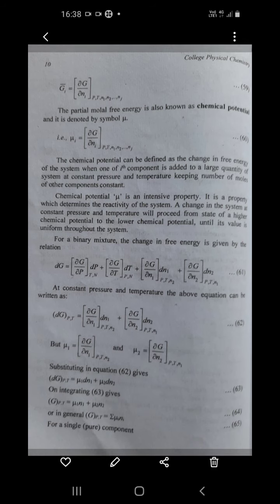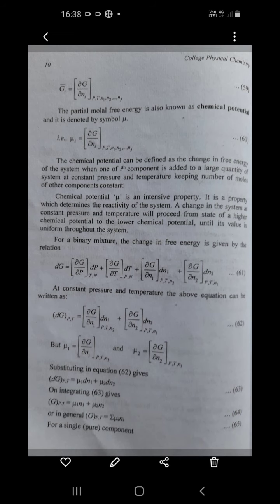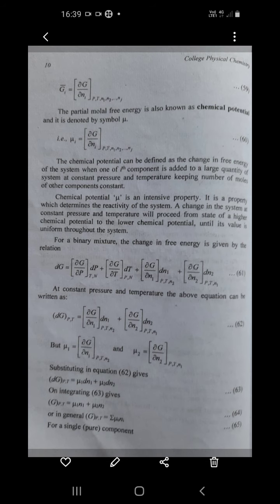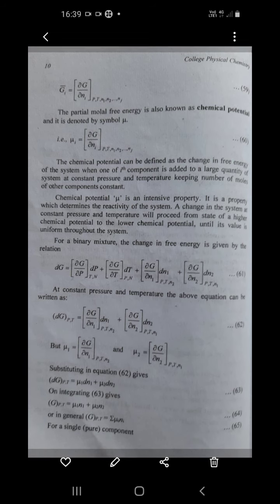The chemical potential can be defined as the change in free energy of a system when 1 mole of the ith component is added to a large quantity of a system at constant pressure and temperature, keeping the number of moles of other components constant. In short, suppose I have 1 liter of water and I add it to a sea having a huge quantity of water.